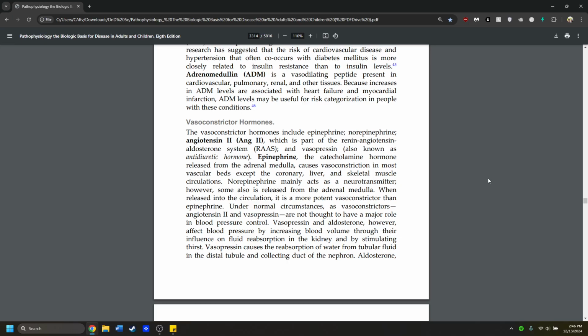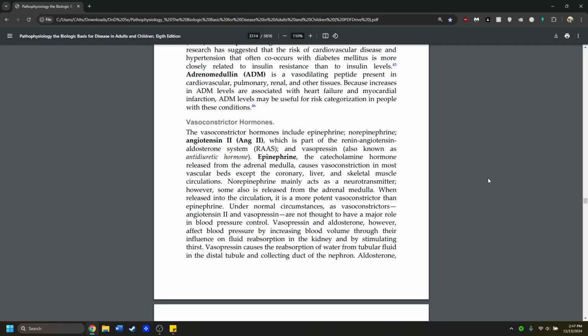Your vasoconstrictor hormones include epinephrine, norepinephrine, angiotensin II, which is part of the renin-angiotensin-aldosterone system, and vasopressin, also known as your antidiuretic hormone.